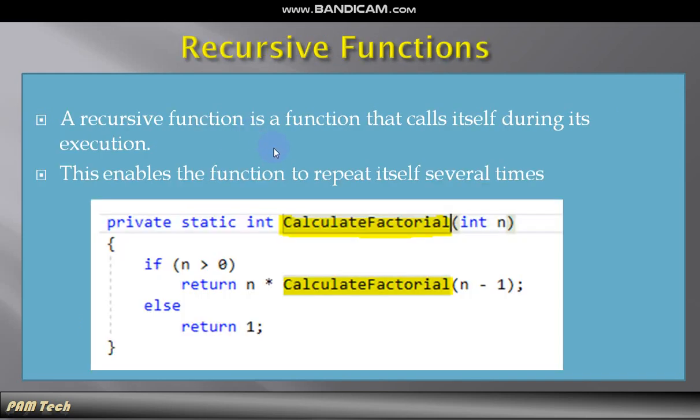let's understand what a recursive function is. A recursive function is a function that calls itself during its execution. This enables the function to repeat itself several times. So in the snippet below, CalculateFactorial is the method name, which takes an integer value as a parameter, and inside the method we are making a call to the same method, CalculateFactorial. Such methods are called recursive methods because they get called from within the same method.